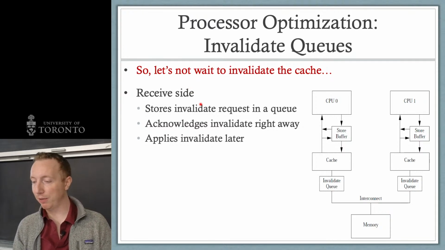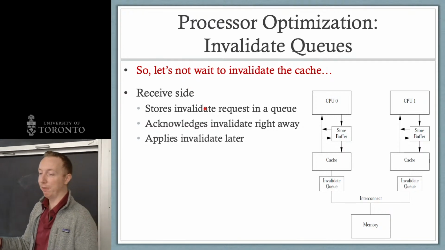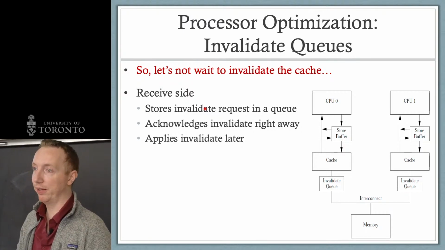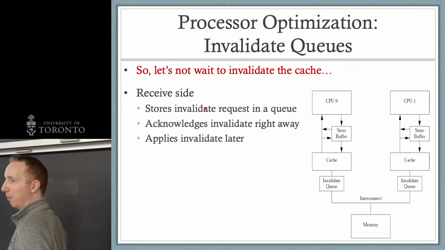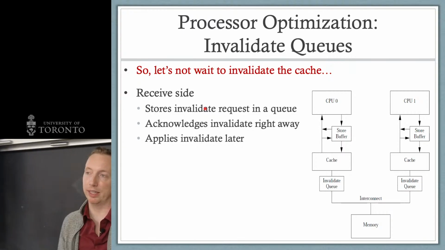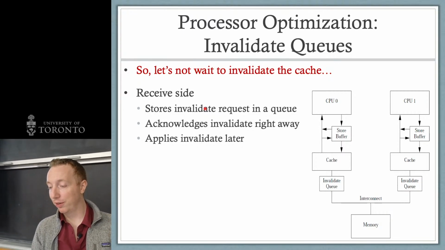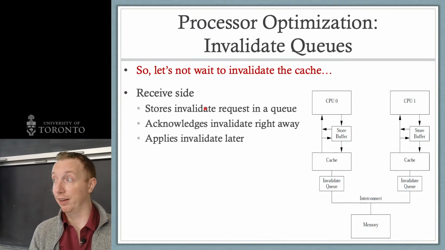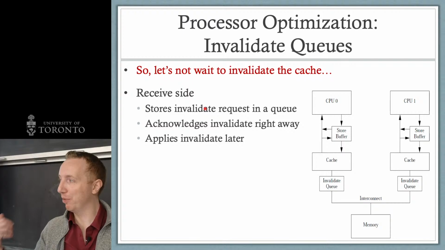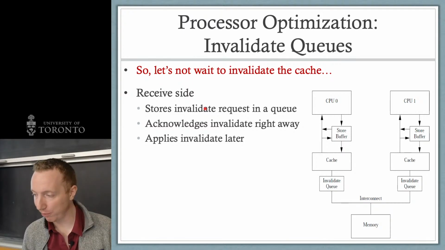On the receive side, it just gets that invalidate request in a queue and says, yeah, I got it, don't worry about it. It hasn't actually applied that invalidate yet to its cache. So this is how CPUs actually work, and it will actually cause bad behavior for that example as well.